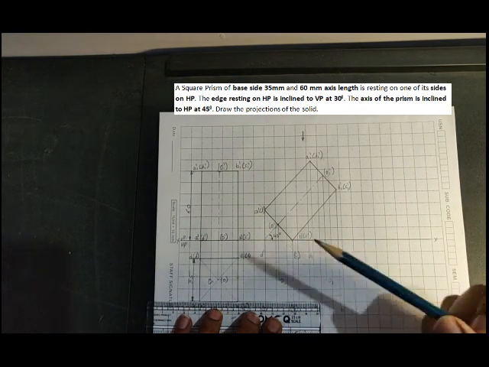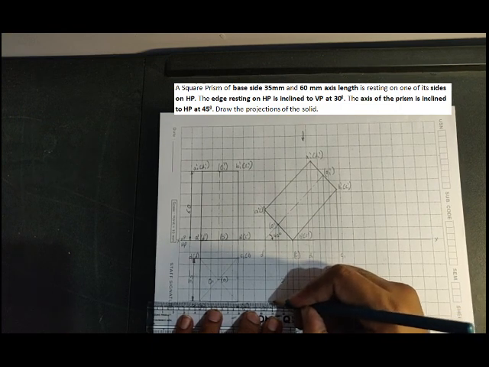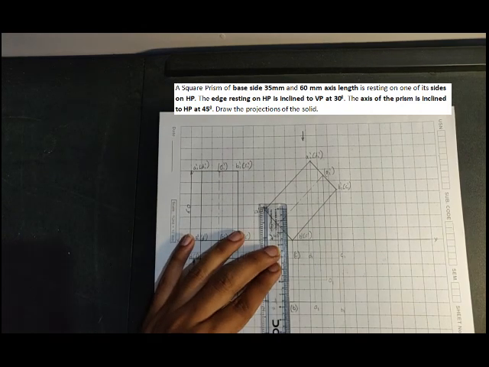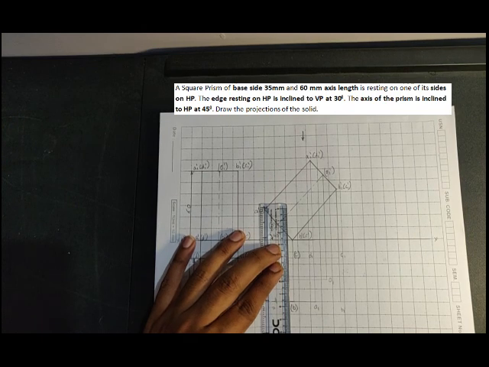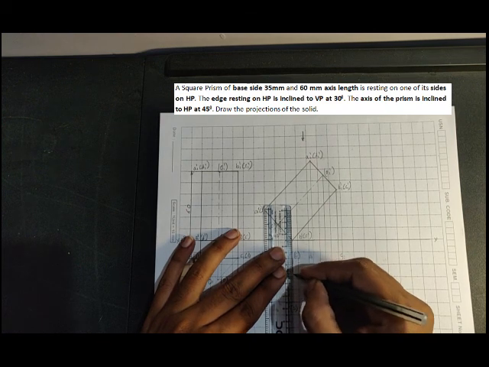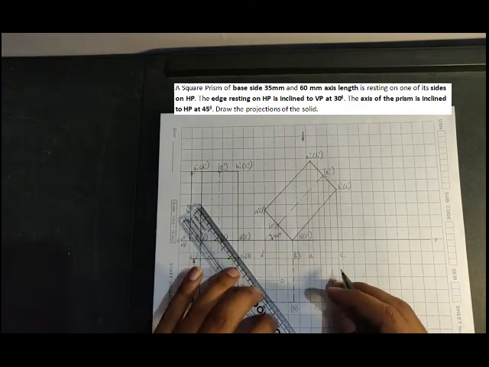Okay, these lines are hidden. Similarly, I'm going to draw this. Right, hidden.